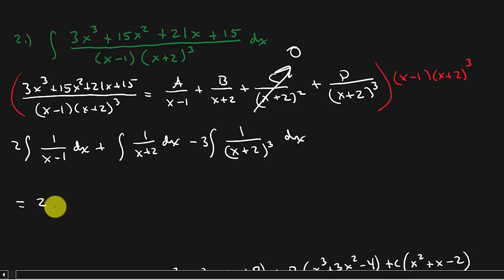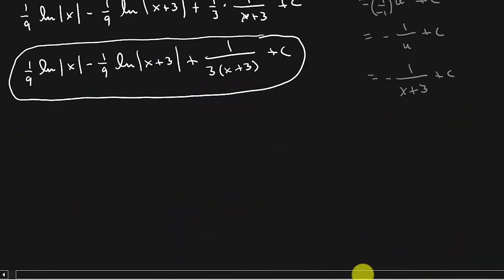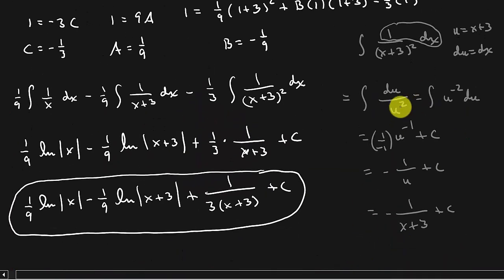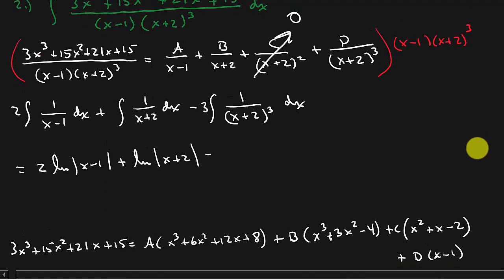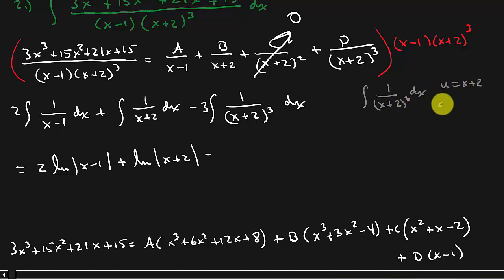All right, so this is equal to 2 natural log absolute value x minus 1 plus natural log absolute value x plus 2 minus, maybe a minus. Now this, I'll go ahead and show it. It's going to be done just like this one, except it's a cube down here. Okay, but we'll work it. So if we've got the integral of 1 over x plus 2 cubed dx, let u equal x plus.